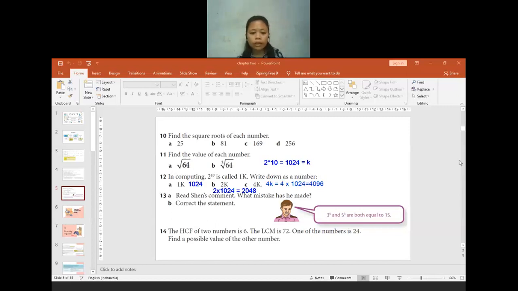What do these people say? 3 to the power of 5 and 5 to the power of 3 have the same value. Do you agree or disagree with him? Disagree. Then why? How much is 3 to the power of 5 actually? 243.